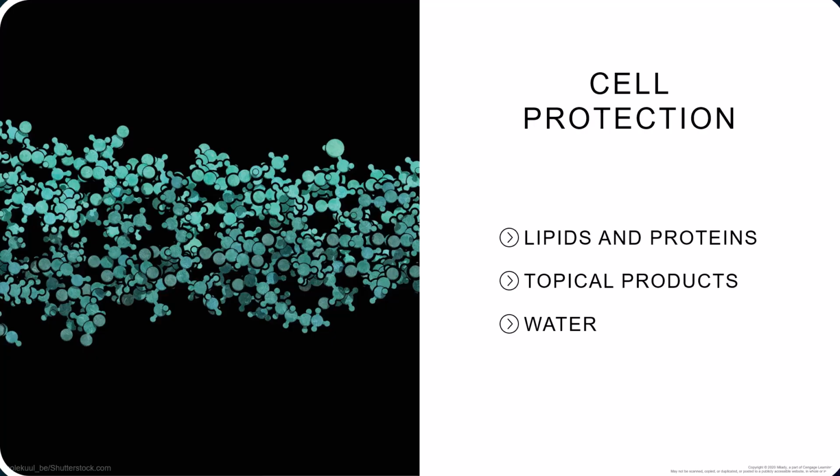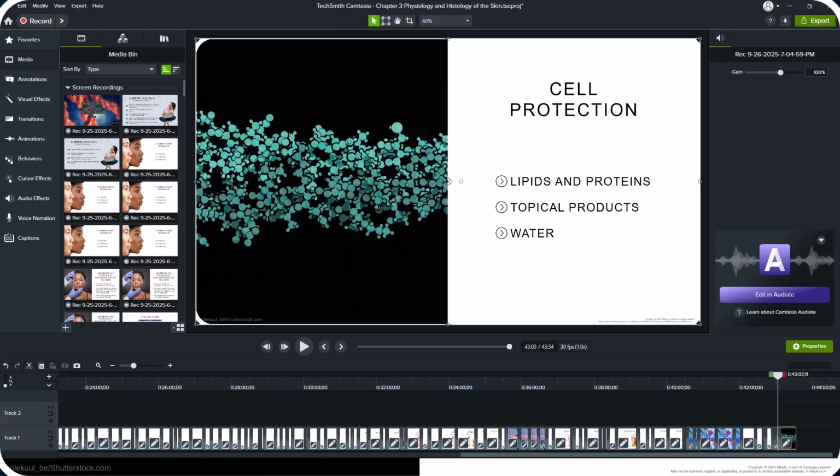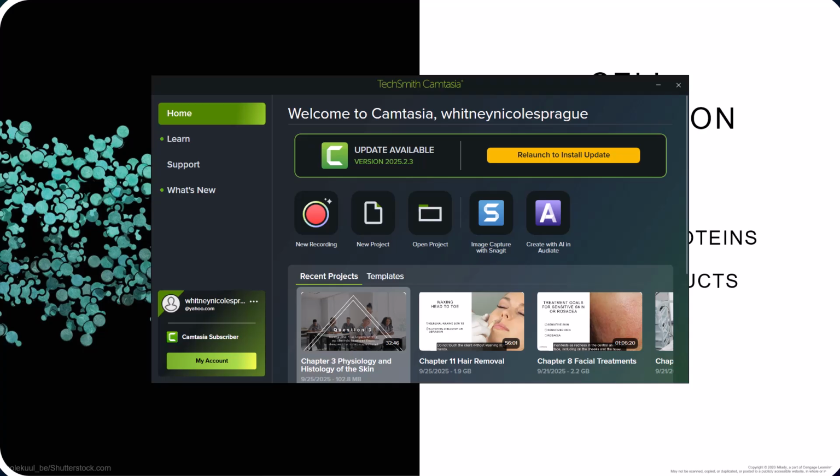So that's why we have to use topical products that contain peptides, hyaluronic acid, ceramides, and other lipids that benefit the skin that's damaged from both intrinsic and extrinsic aging. Exfoliation is also removing and depleting our lipids, so topical product application is necessary for balance. That's also why over-exfoliating can cause a lot more damage to the skin. Cell recovery also depends on water, so drinking water is essential to keep our skin healthy.